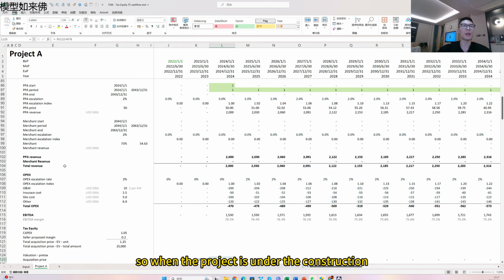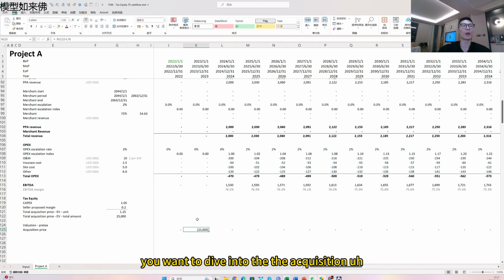So when the project is under construction, you want to get into the acquisition. That is how the U.S. government defined it. You have to get into the project during the construction period, so that you can secure the ITC.